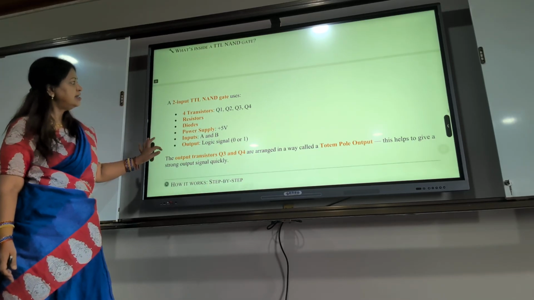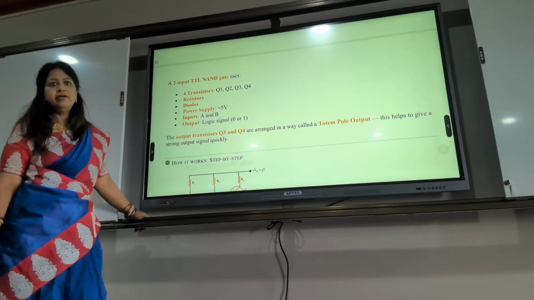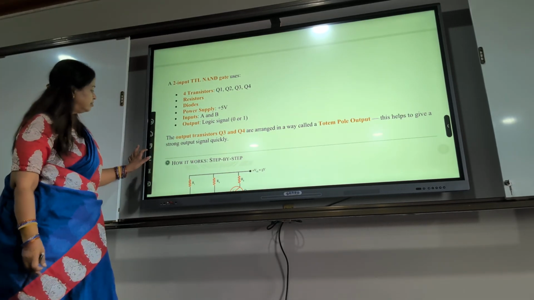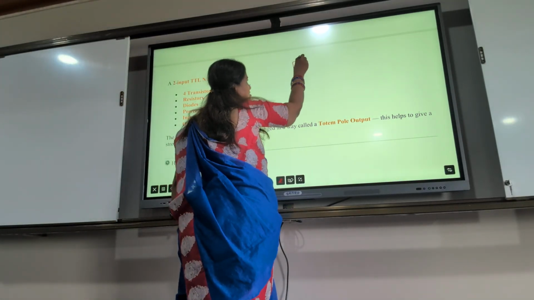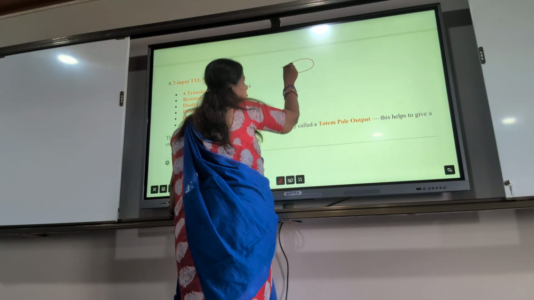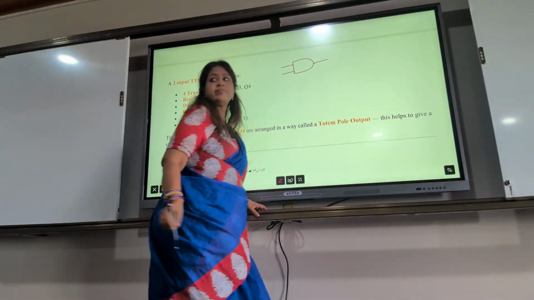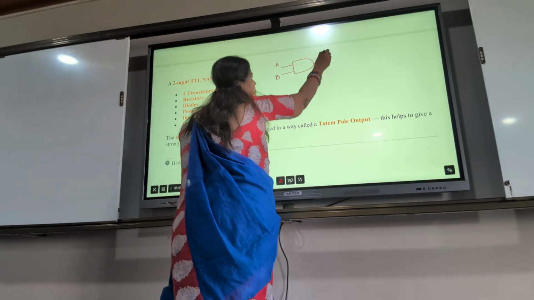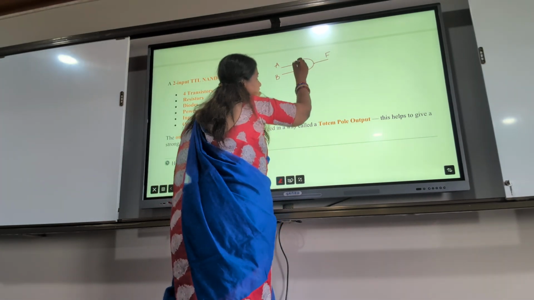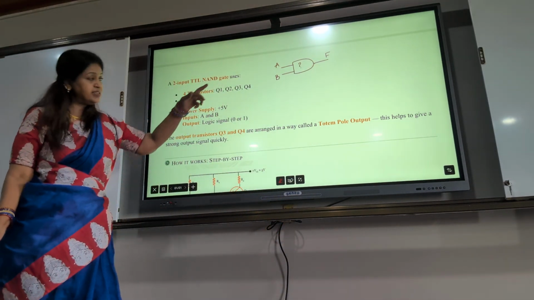So what is inside a NAND gate? In a NAND gate, we use one symbol like this, right? The NAND gate. So what is inside this? This circuit is inside.